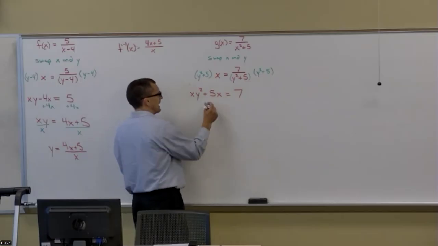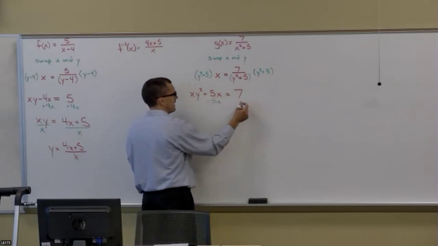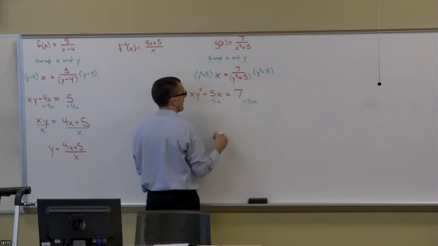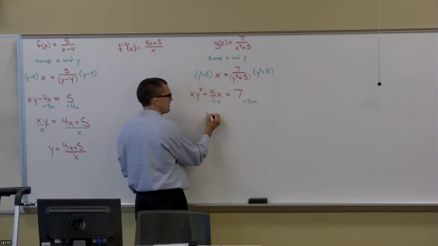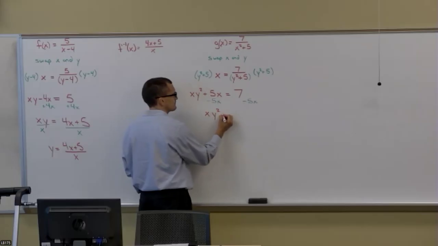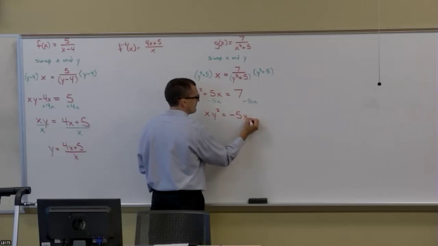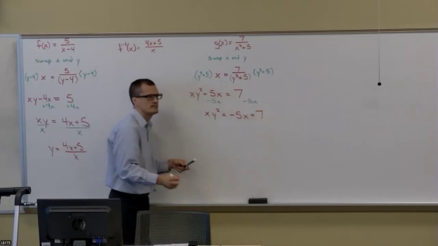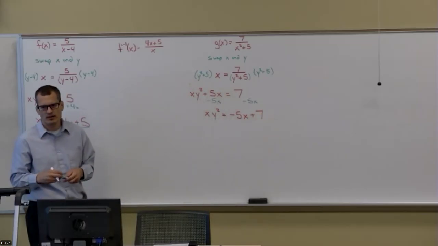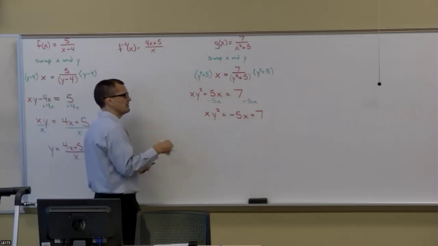I would subtract 5x on both sides. Doesn't matter the order you write this. If you write this as 7 minus 5x or negative 5x plus 7, it doesn't matter that order. Then I would divide by x.